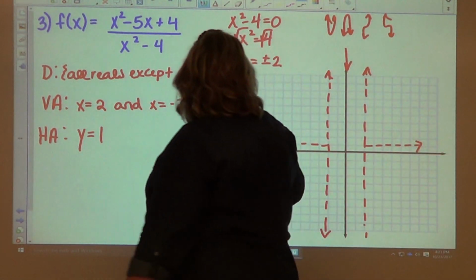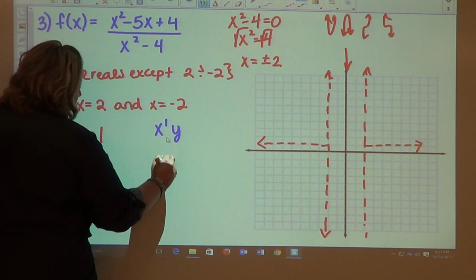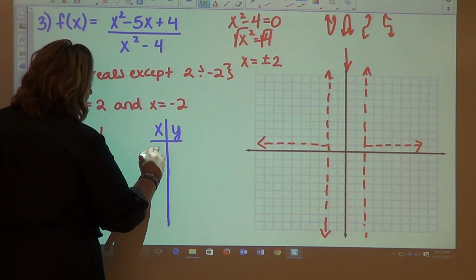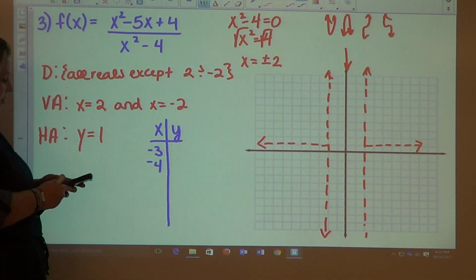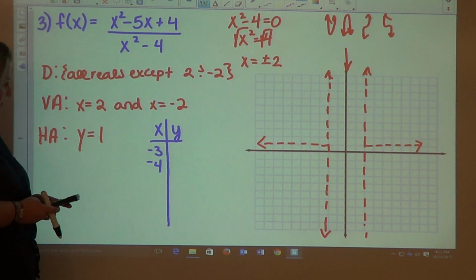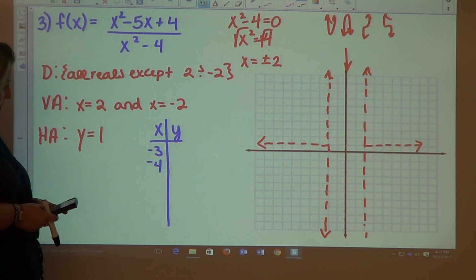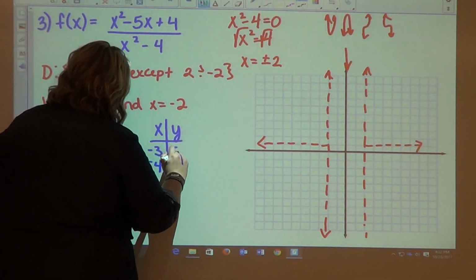Okay, so if I pick my points, let's just go with the outsides first. So this was -2, so I'm going to put in -3 and -4 first. So I'm going to use a calculator. So if I plug those in for my x's, I would have 9 plus 15 plus 4 divided by... So this would give me 2 1/3.